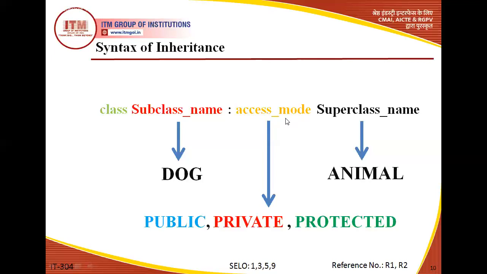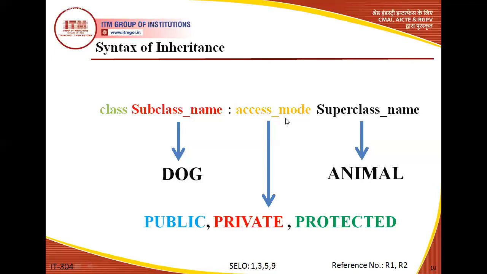So you must be careful about this: if you want to derive your superclass as public, then you must include the keyword public here, otherwise it will become private. And it will inherit all the data members or member functions of the parent class privately.